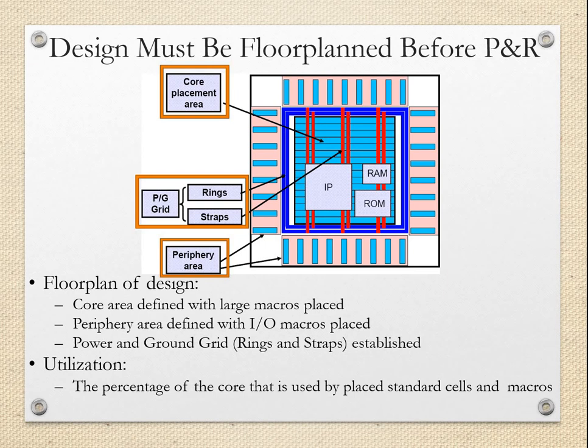The input to the floor planning step is the output of system partitioning and design entry, a netlist. Floor planning precedes placement, but we shall cover them together. In the next video we will be covering routing, but in this video we will be doing floor planning and placement.